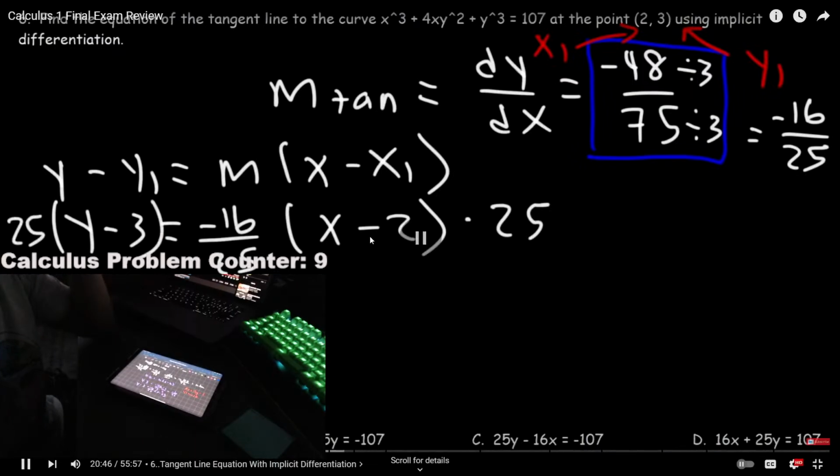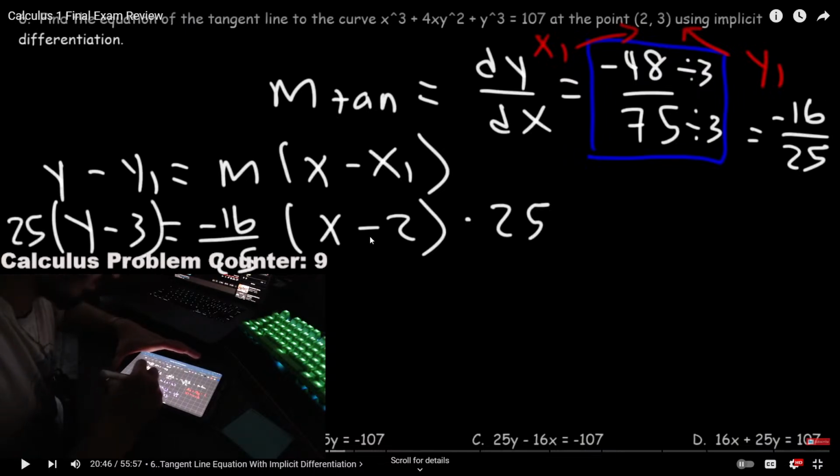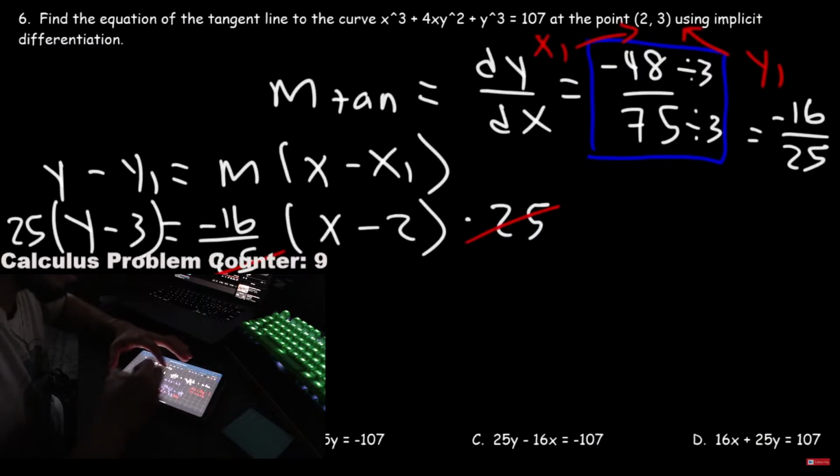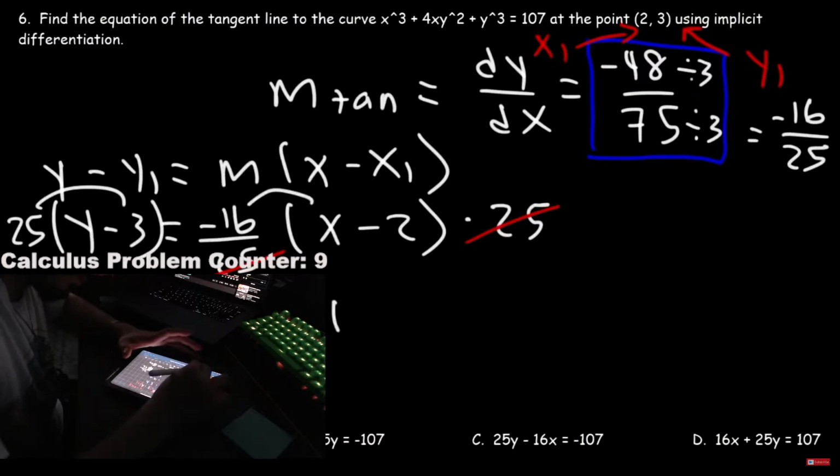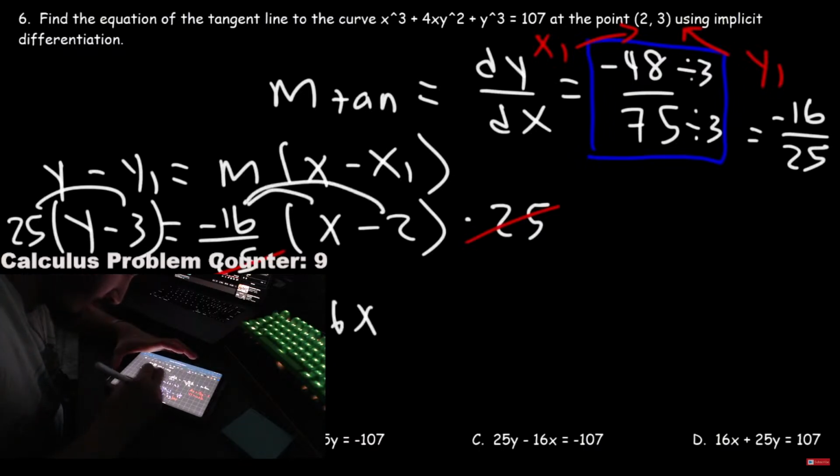So on the right side, these two are canceled. On the left side, we're going to have 25y minus 75. And then it's going to be negative 16x, and then negative 16 times negative 2, that's a positive 32.